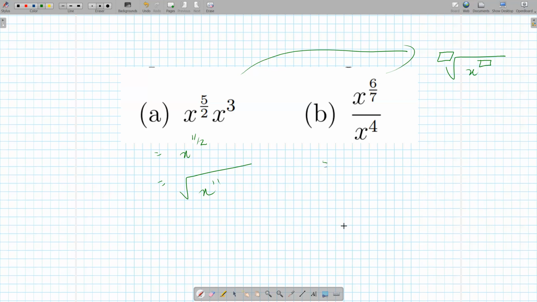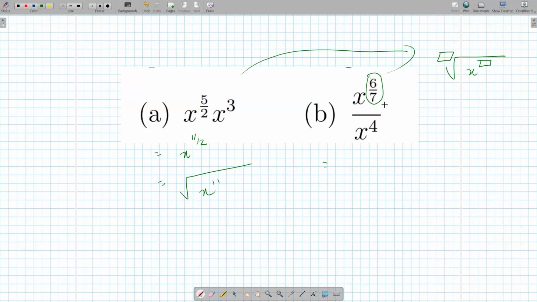Do we bring the 6/7 down or do we bring the 4 up? You bring the 4 up. No, you don't, because 6/7 is less than 1, right?